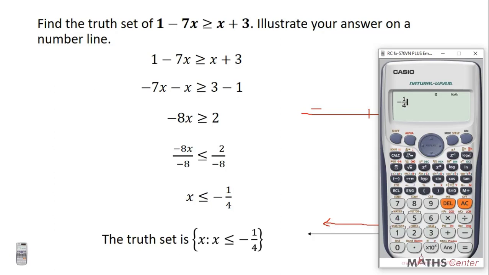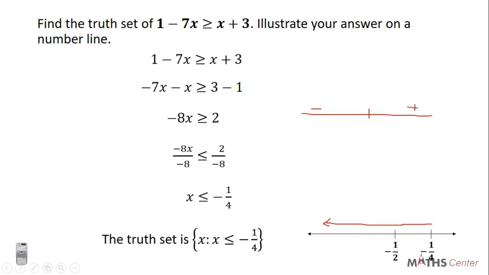So to get the next number, we have to subtract 1 over 4 from it, and that will give us negative 1 over 2. So it means that the next number is negative 1 over 2. Now to get the next one, you subtract 1 over 4 again. So we are going to keep on subtracting till we get to the limit that we want. So here I'm going to list about 2 or 3 more.